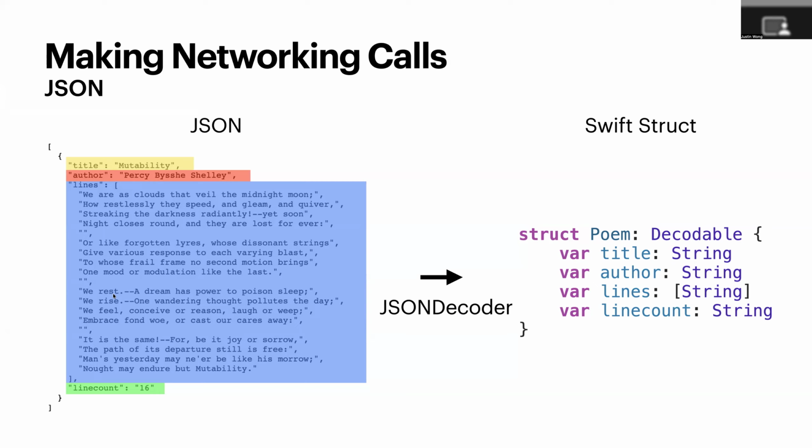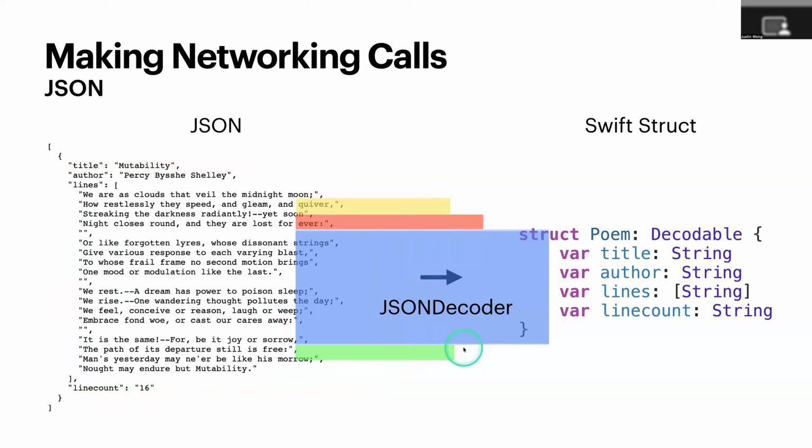It takes in the encoded data in binary, which is the type Data, and it also takes in the type that you want to decode that data into. So we could pass this data into JSONDecoder, and say, hey, I want you to decode this data into a Poem. And as a result, we get a Poem instance that we could actually utilize within our code.